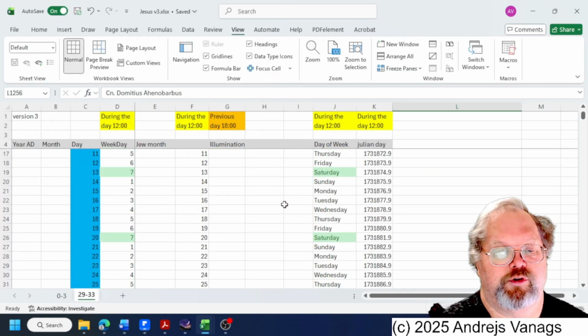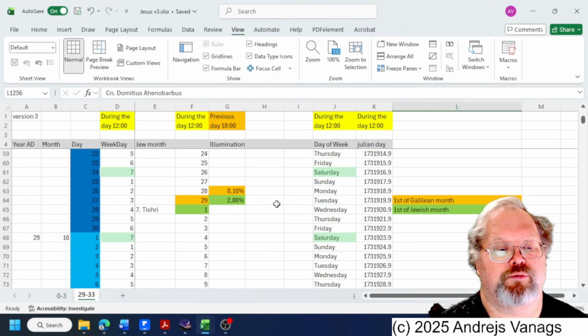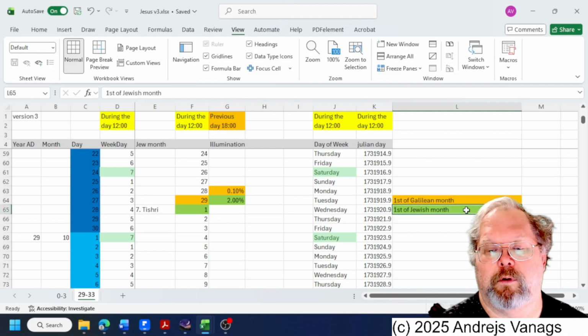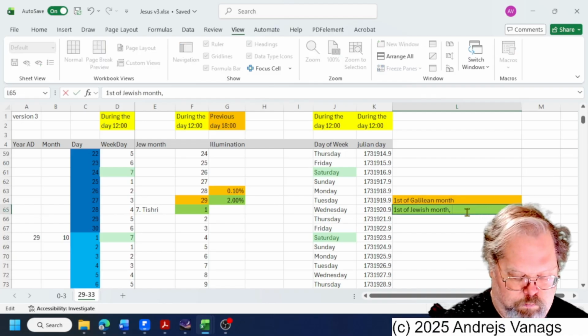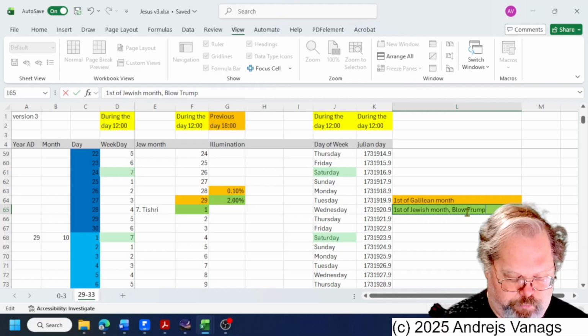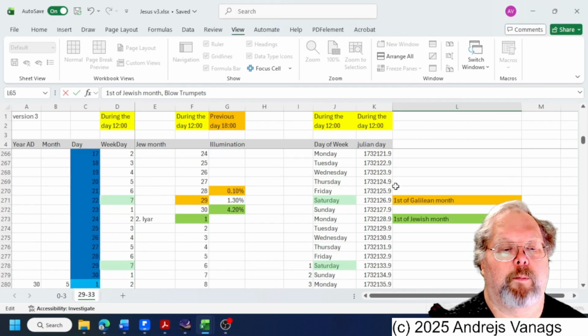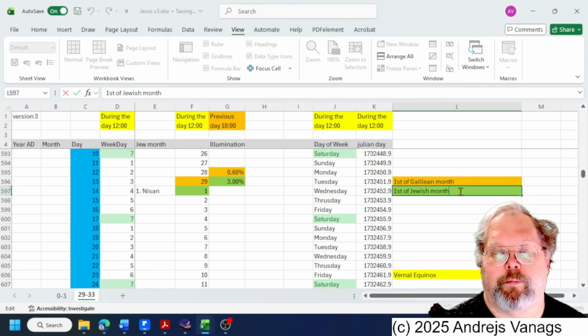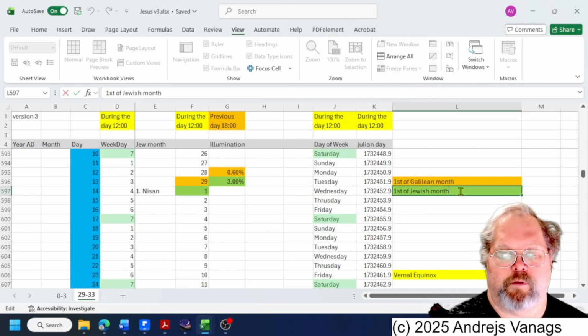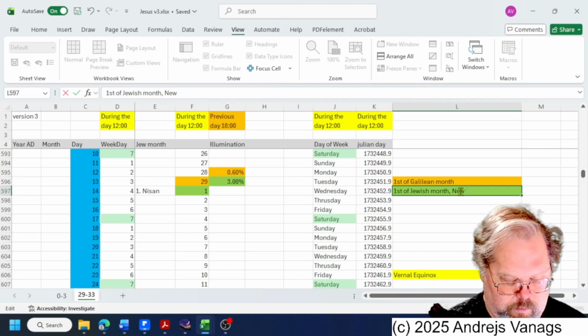At the Temple of Jerusalem, on every Tishri first, they blow trumpets. So we go to the next one. First of Nisan, New Year's feast.